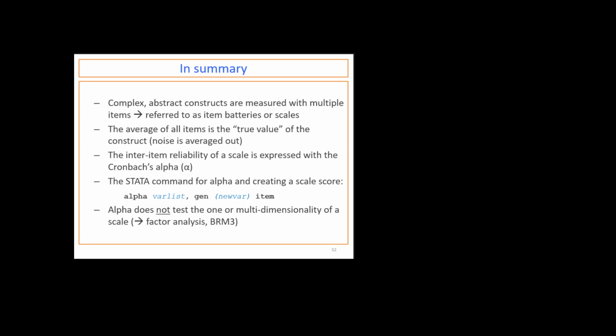And the reliability of such a scale can be measured with the Cronbach's alpha, and the command is here on the slide. And important to know is that the alpha does not test the one or multi-dimensionality of a scale, but that can only be tested with factor analysis, and you will have that in the next method course.